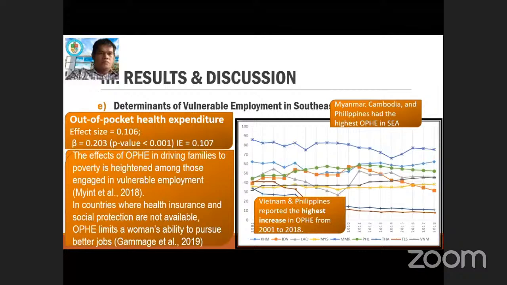In countries where health insurance and social protection are not available, out-of-pocket expenditure during childbirth limits a woman's ability to pursue better economic opportunities and even affects their pursuit of work in the formal sector.